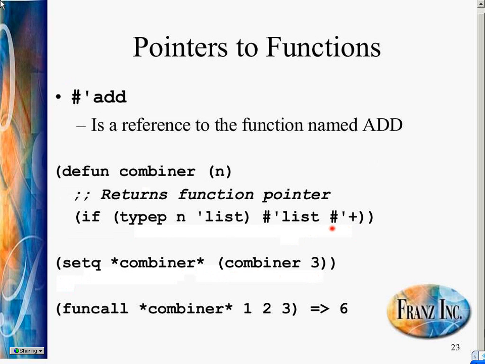That's going to be, because look at the definition, the type of 3 is a number. It's therefore not a list, and therefore combiner is going to be the plus function object, and now we can funcall it. Funcall combiner and apply it to the arguments 1, 2, 3, and we get 6.